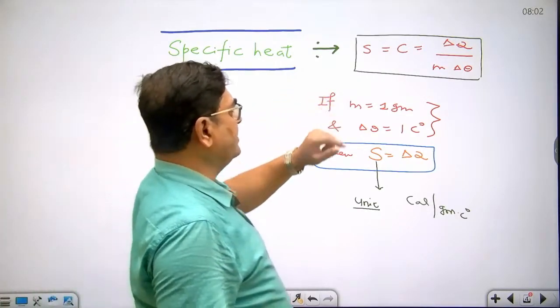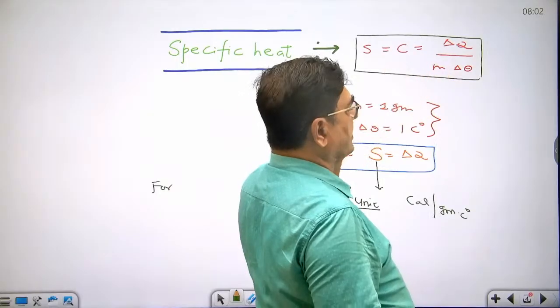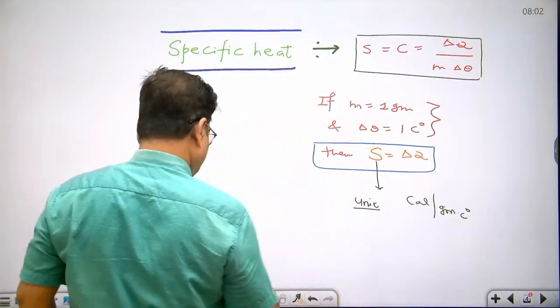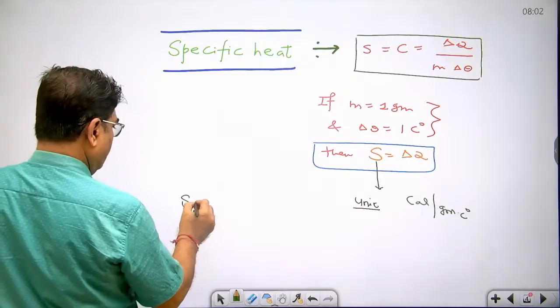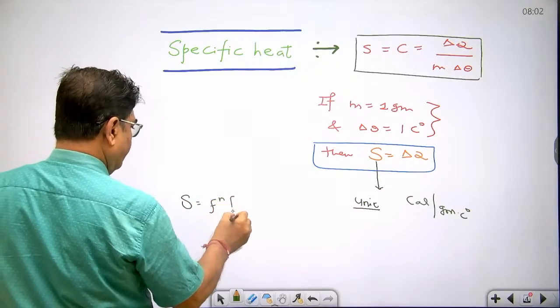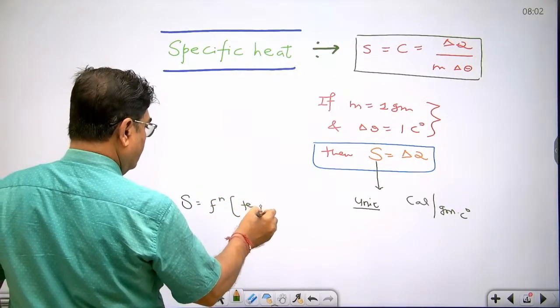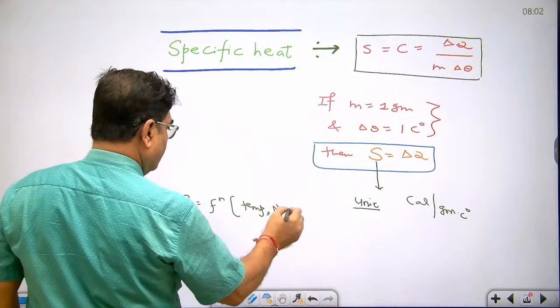remember, specific heat depends on the temperature as well as the nature of the substance. Specific heat is a function of temperature and nature of substance.